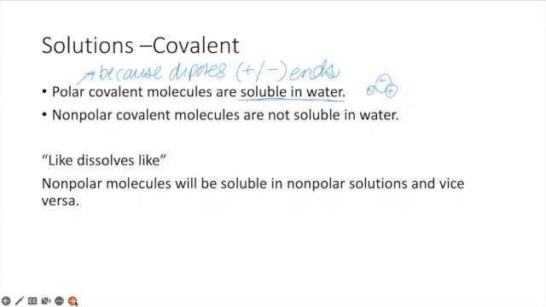But nonpolar, in which it has no dipole, it's neutral throughout, is not soluble in water, because there's no way for the water to pull it apart from its partners.